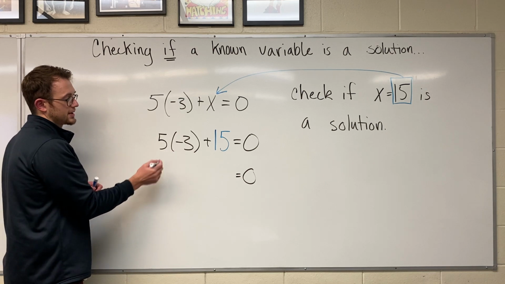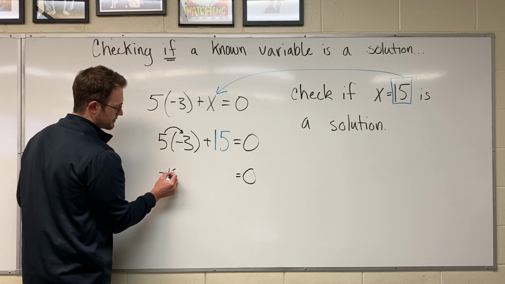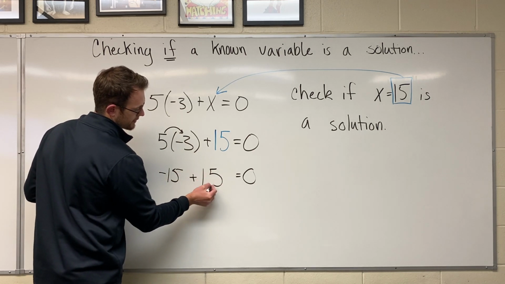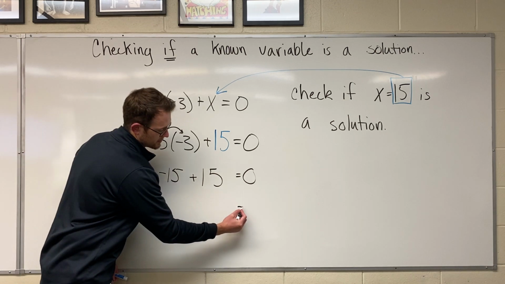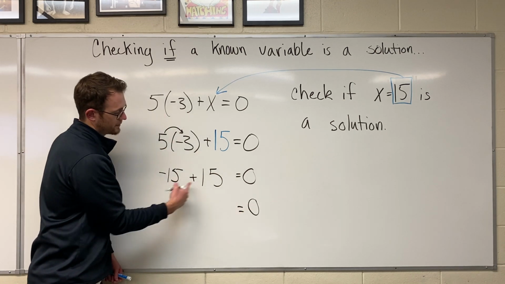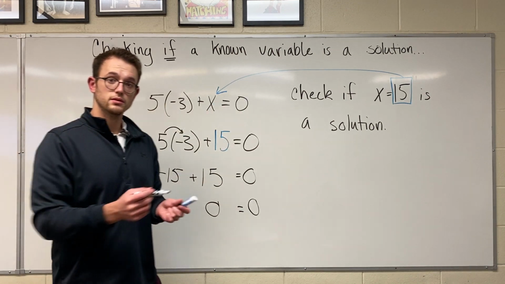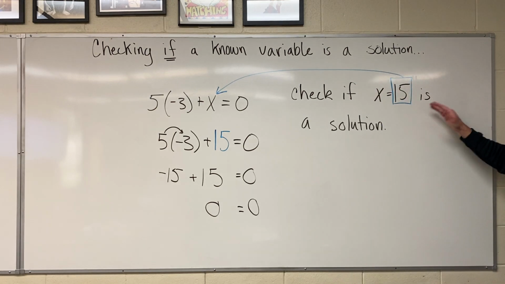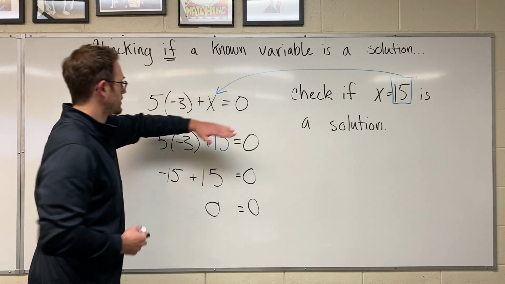So 5 times -3, that is -15 plus 15. -15 plus 15, I can just put 0 there, and -15 plus 15 is 0. Is it a solution? Yes or no? Is x equals -3 the solution to this equation?